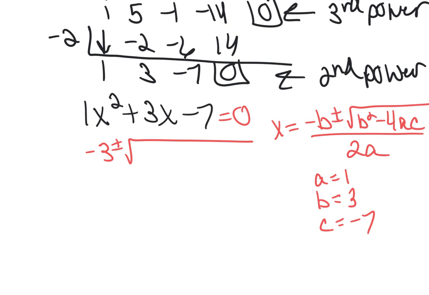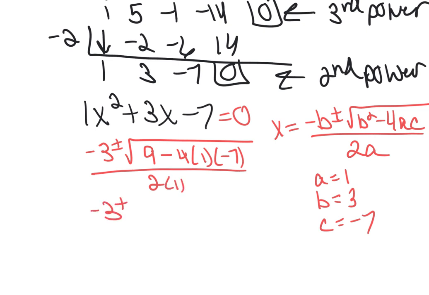Well, b is 3, so b squared is 9, minus 4 times 1 times -7, all over 2a, 2 times 1, which leaves us with -3 plus or minus the square root of 9 plus 28, which is 37, all over 2a. 2a is just going to be 2.